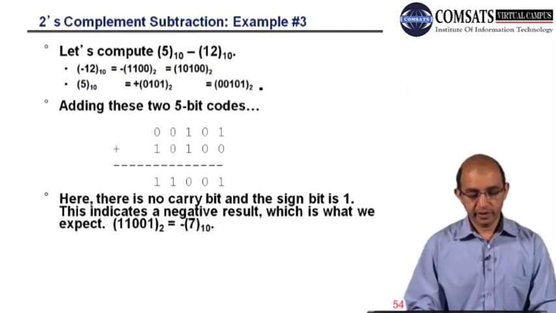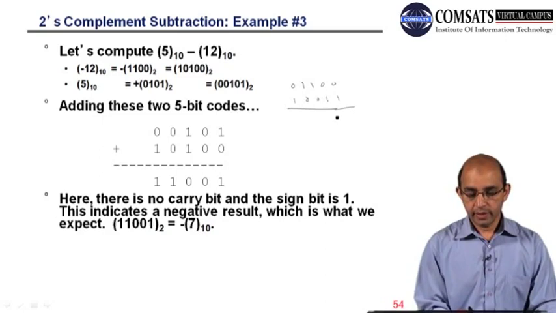So here we have another example, right? So 2's complement. So this is the negative number, right? So we have 1 1 0 0, right?